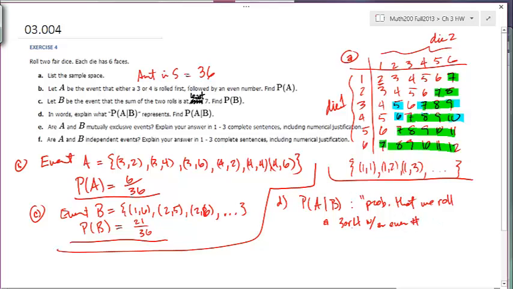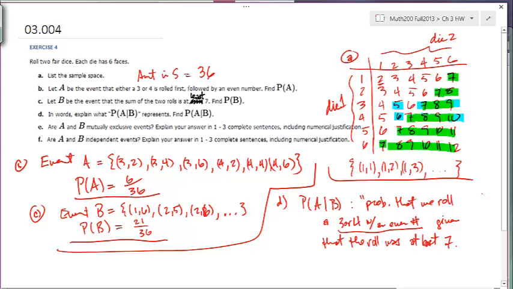So that's the probability of event A. This is event A right here, given that the roll was event B, is at least 7.